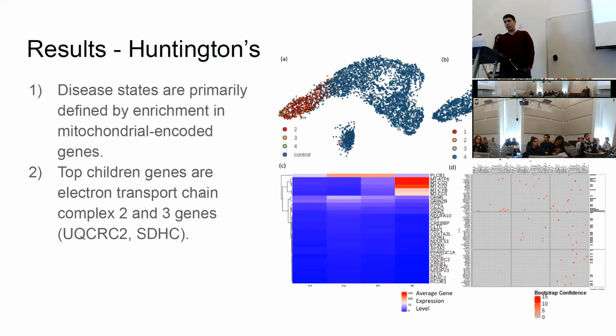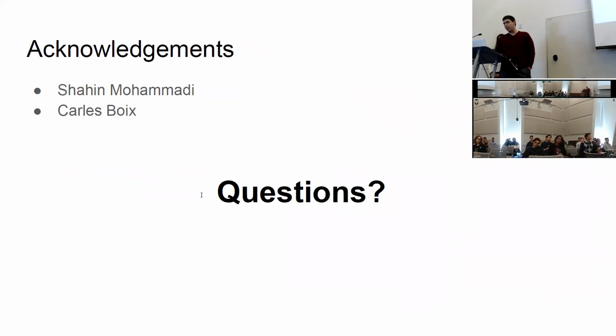And once again, in our adjacency matrix, we saw that the nodes that had the most children were also electron transport chain genes, mainly complex 2 and 3 genes. And with that, we would like to thank Shaheen and Carlos for mentoring and supervising.